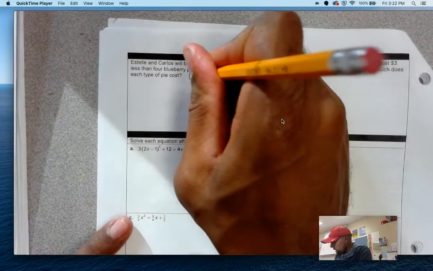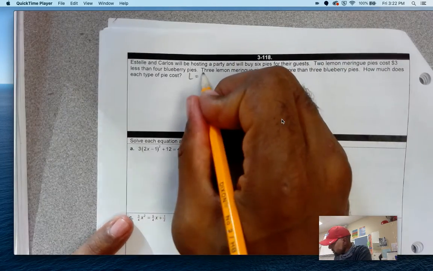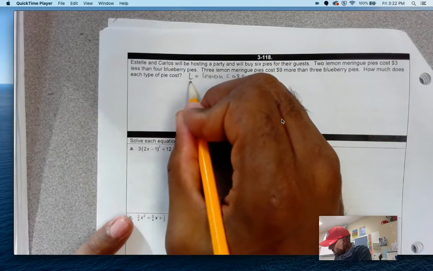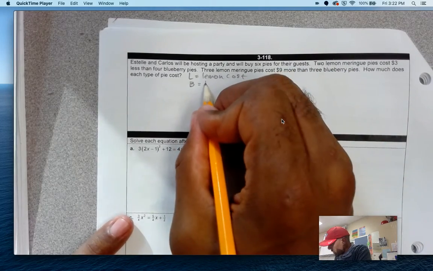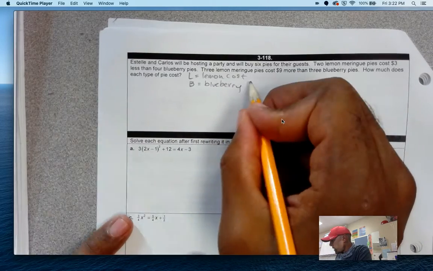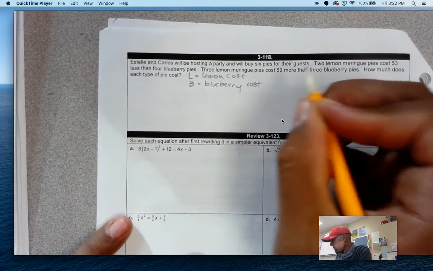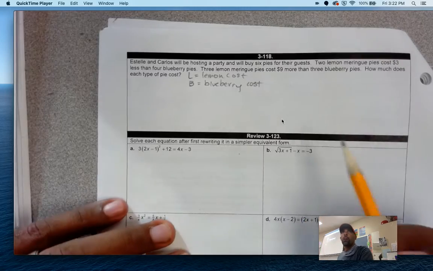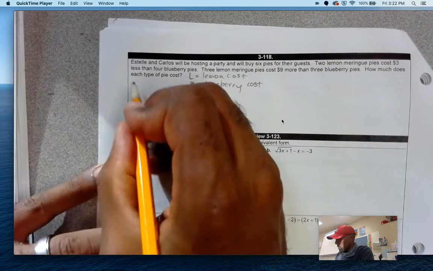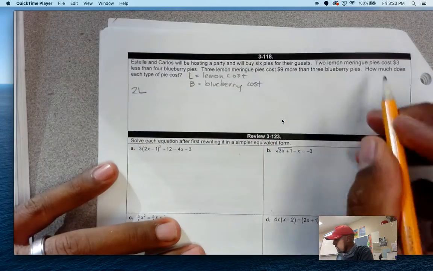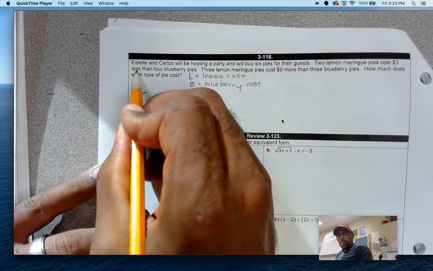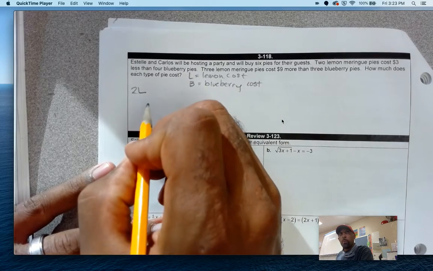Okay, so we're going to use L for the lemon cost. B is going to represent our blueberry cost because they want to know how much each pie costs. How much is lemon? How much is blueberry? All right, so let's go here. 2 lemon, 2L, cost $3 less than 4 blueberry pies.